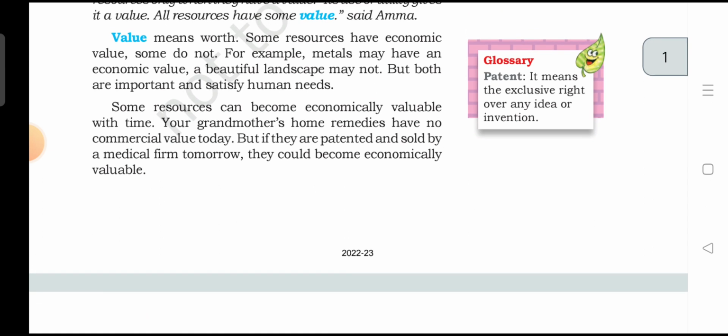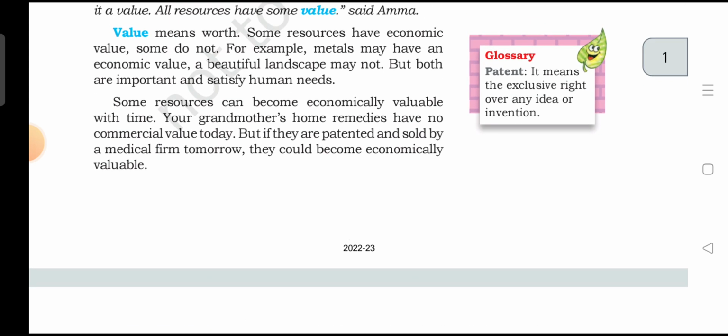Now see, a beautiful landscape cannot have an economic value because it is not made in many ways. Okay, both are important and satisfy human needs. Yes, this is a true thing. Both satisfy, दोनों संतुष्ट करते हैं, right?